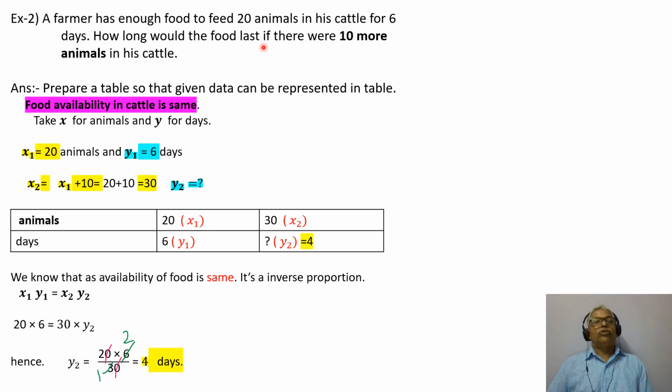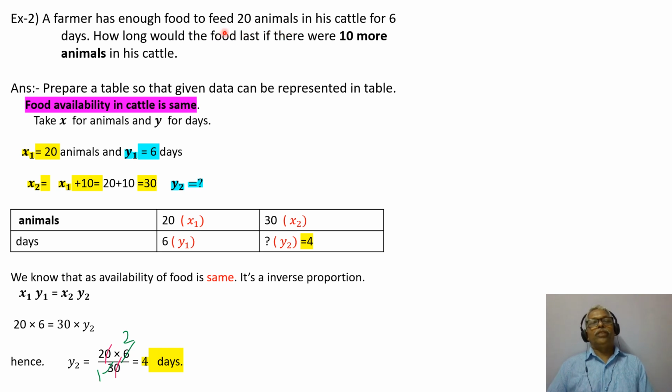So these are the two quantities. The amount of food is the same, the food availability in the cattle is the same. That implies that it is an inverse proportion problem.